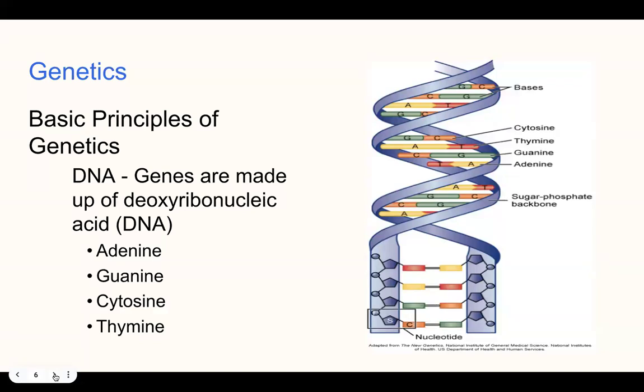It's kind of similar to the way that the alphabet is used to create words and sentences. The order or sequence of the bases determines the information for building and maintaining an organism.